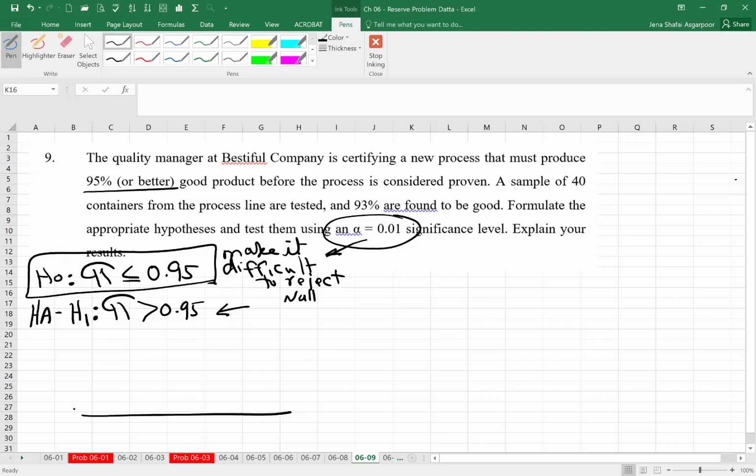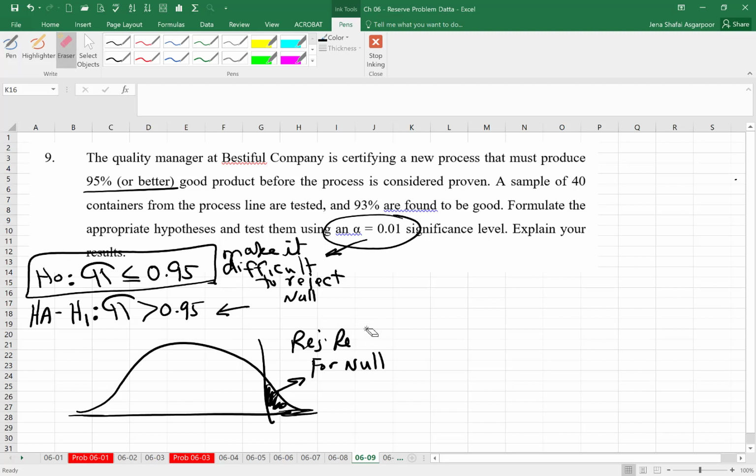So let's go ahead and draw the diagram for it. If this is the curve representing the null hypothesis, this area right here is going to be the rejection region for the null, which is 0.01.